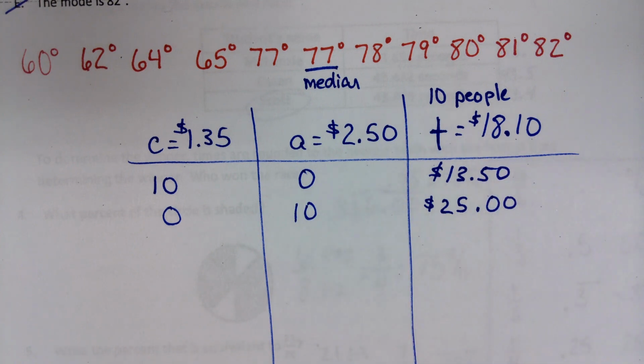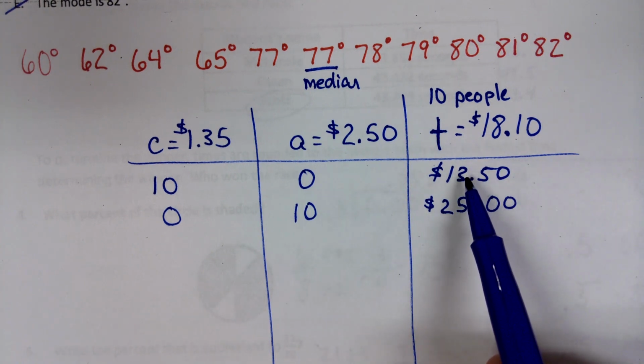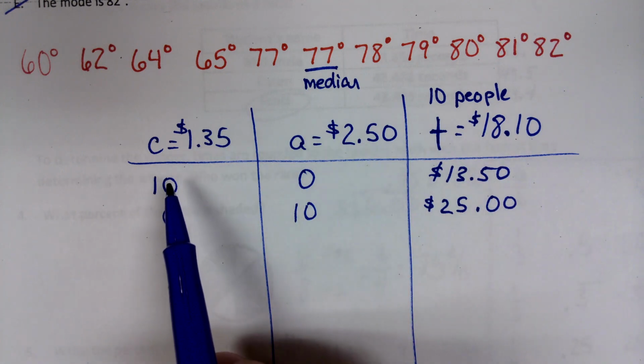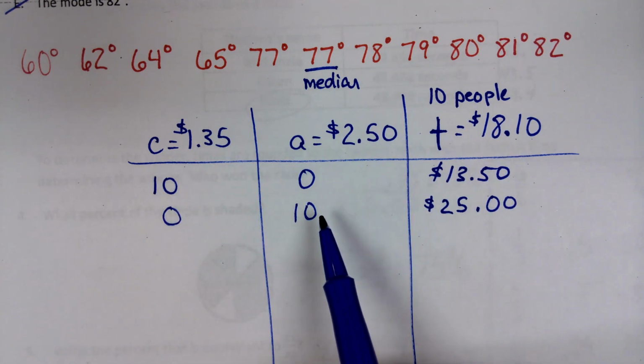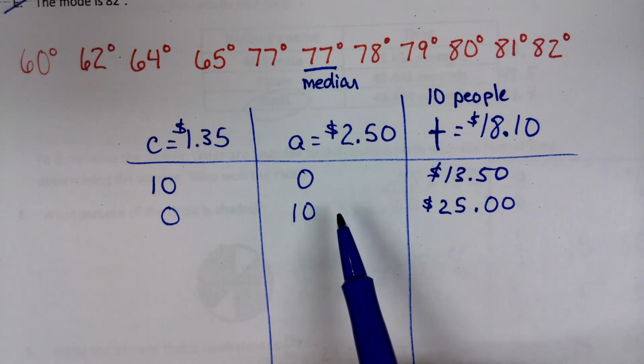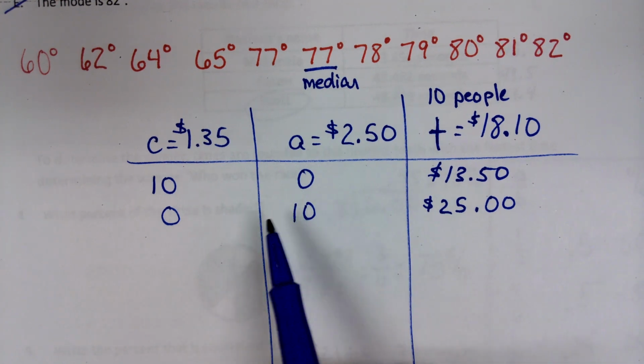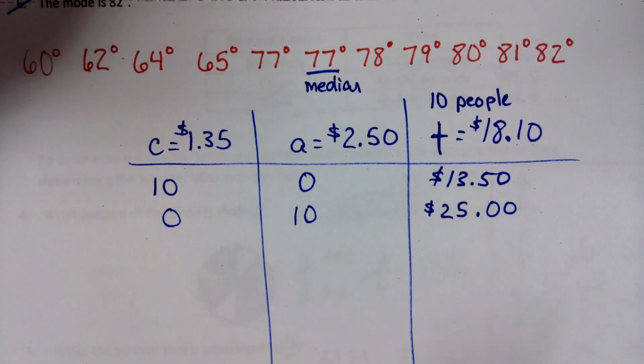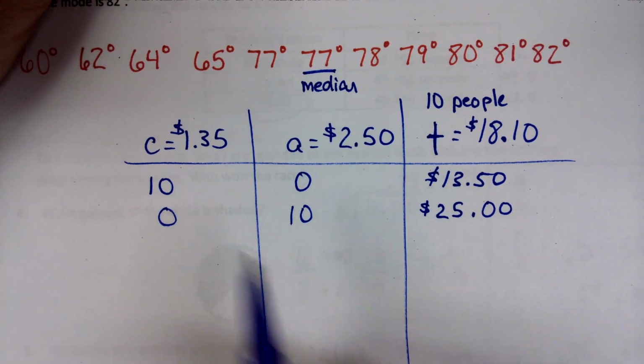So here's what that tells me. Only kids is closer to my real answer, which means there are going to be more kids, more children, than adults. So any possibility where it's even 5 and 5 or more adults, I know I don't need to check any of those.